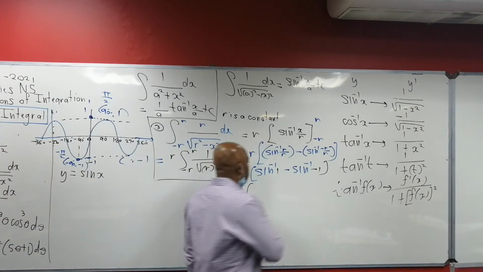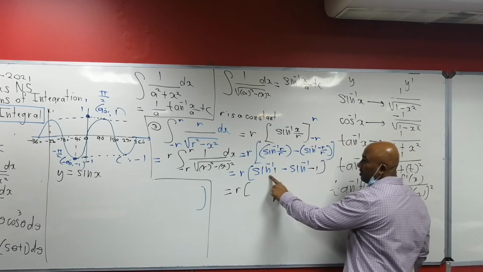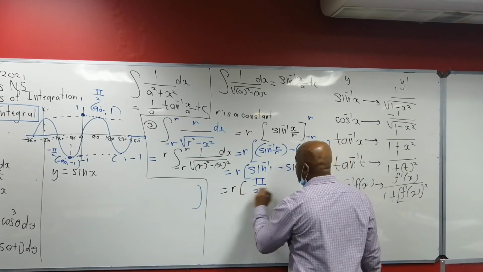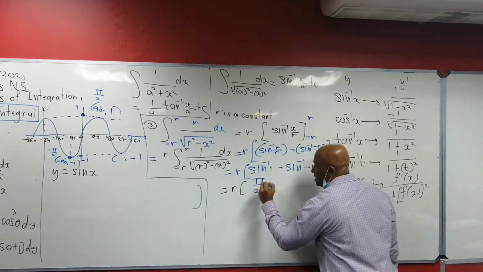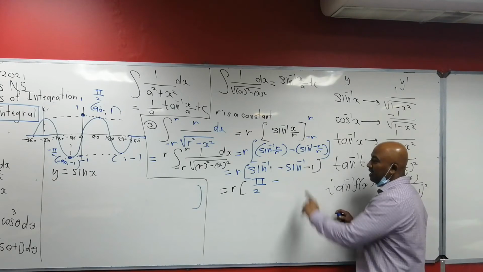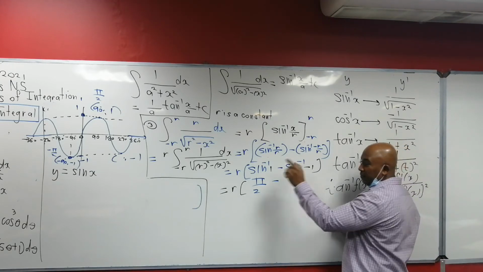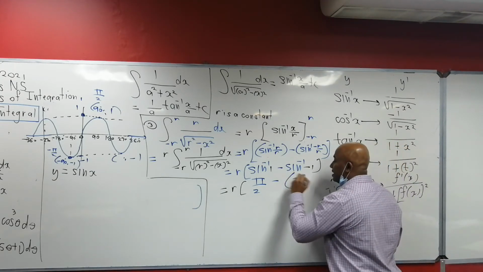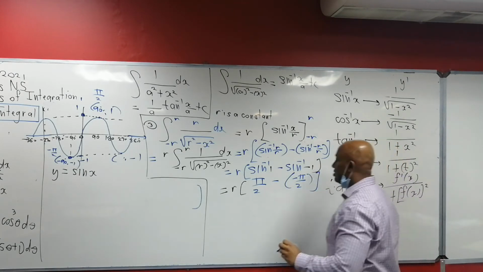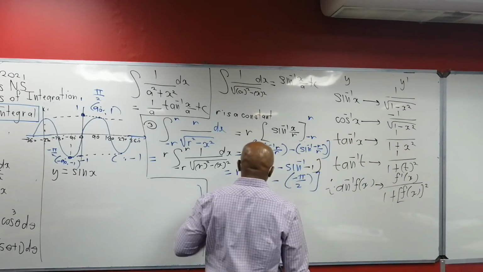Right, so let's do it here. So inverse sine of 1, we know is 90 degrees. In radians, it's pi over 2. Minus inverse sine of minus 1, we know it's going to be minus pi over 2. Can you see that? So now, what's going to happen here?